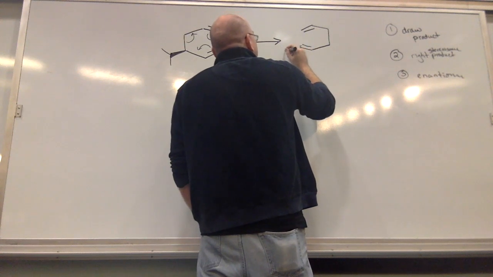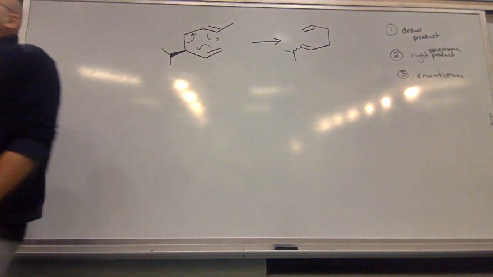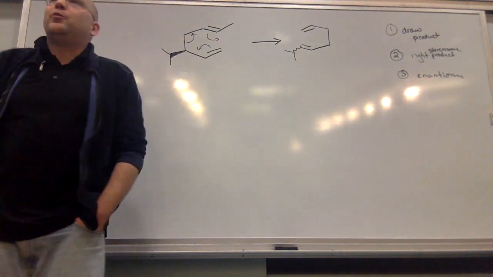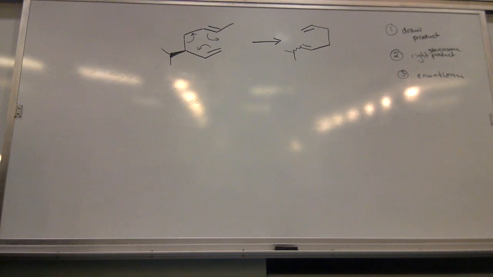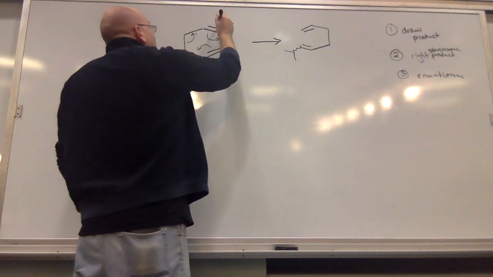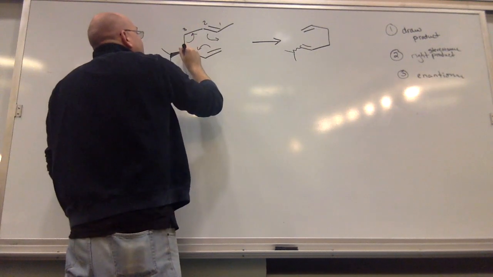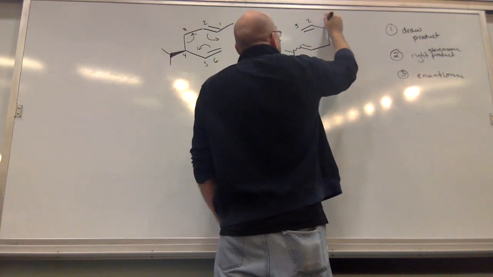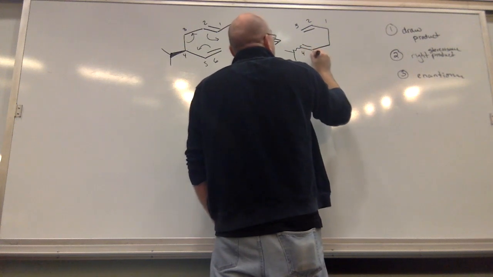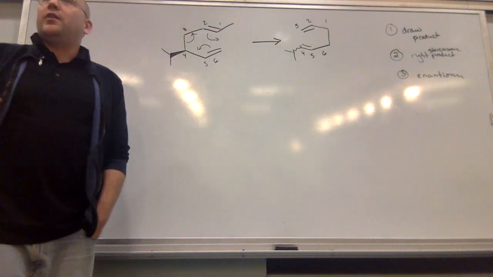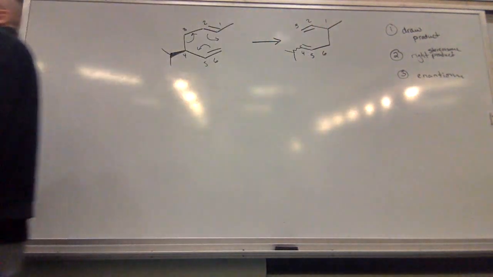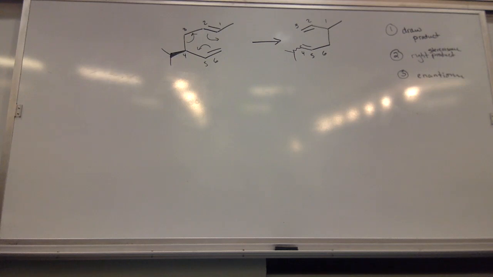I'm going to put a squiggle here because we're not saying that it's cis or trans. There's a methyl group. Where's that methyl group? It's allylic to the double bond, at carbon 1. So the product's going to look something like that. But we have to give it a little bit more information.